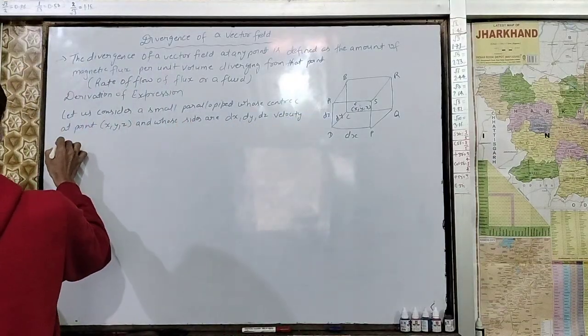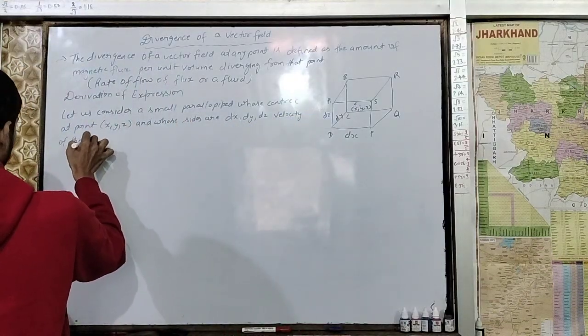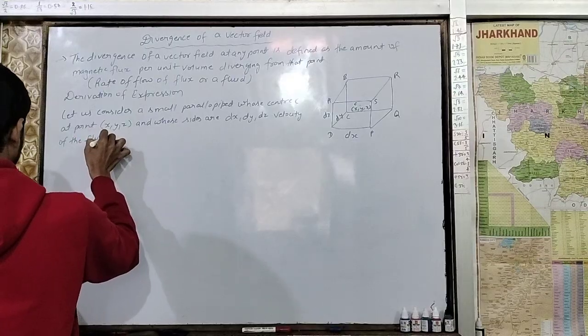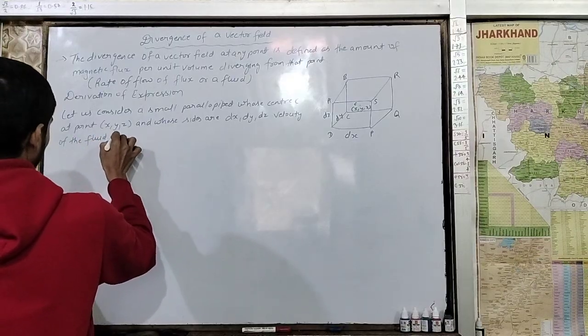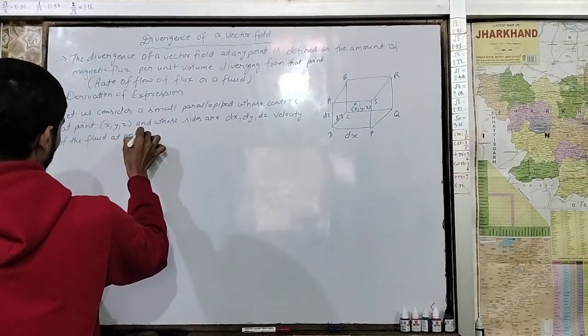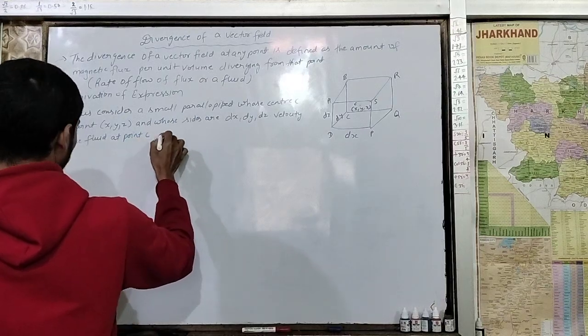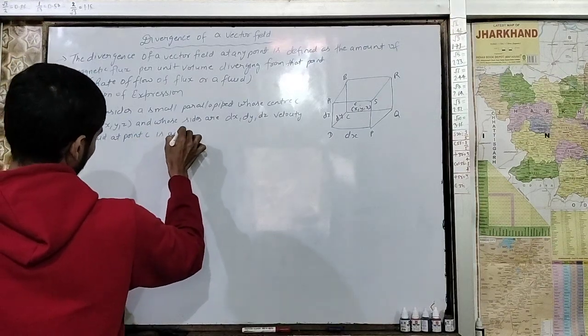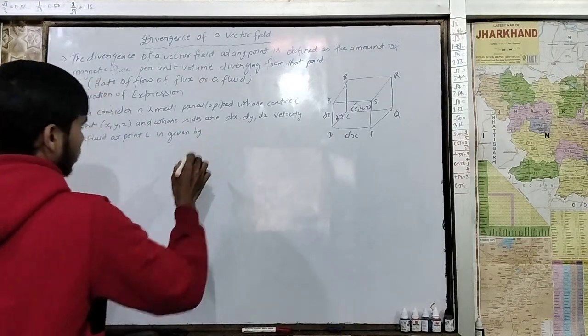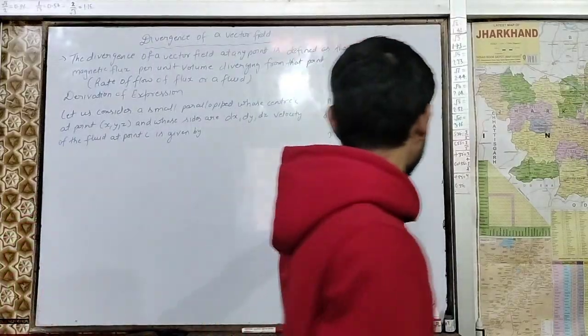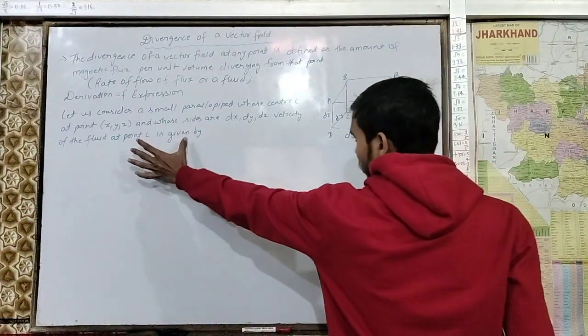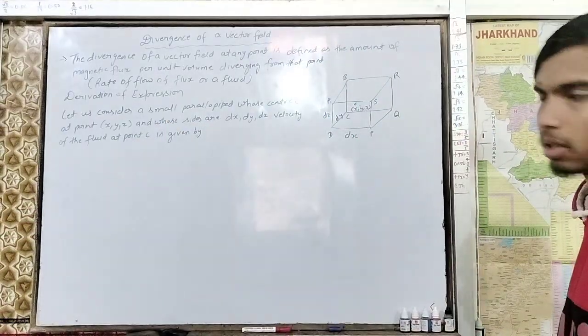Velocity of the fluid at point C is given by whatever we saw in this diagram. We just wrote it in the form of a statement.